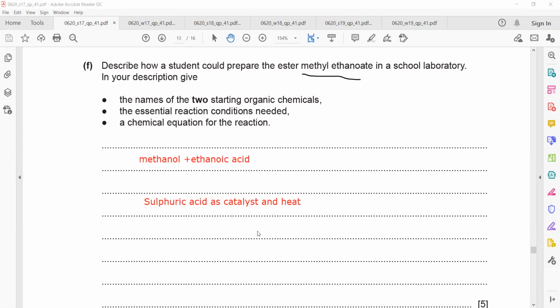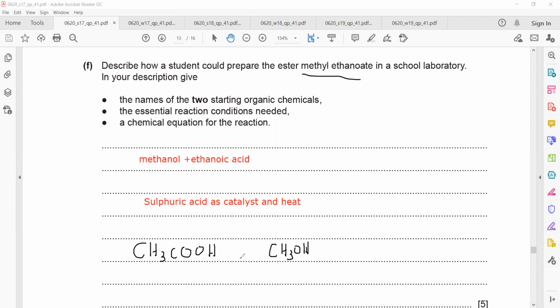Then the chemical equation. The equation is when ethanoic acid, so ethanoic acid is CH3COOH, reacts with methanol. So methanol is CH3OH.